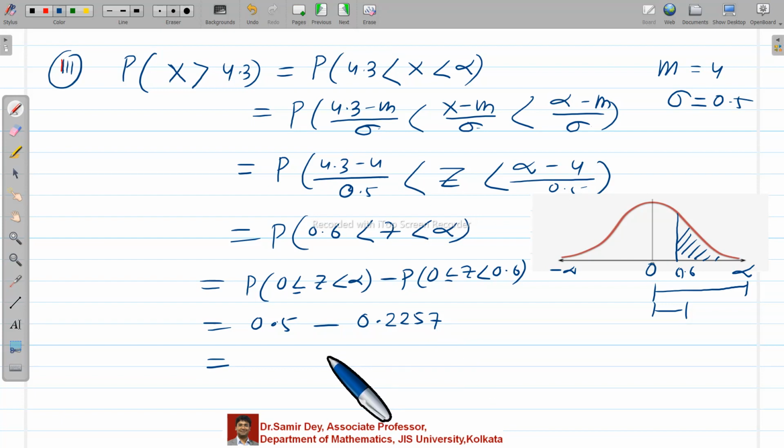It is coming 3, then 4, then 7, 2. Please check whether the subtraction is correct or wrong. Okay, so this is the total solution of the question.